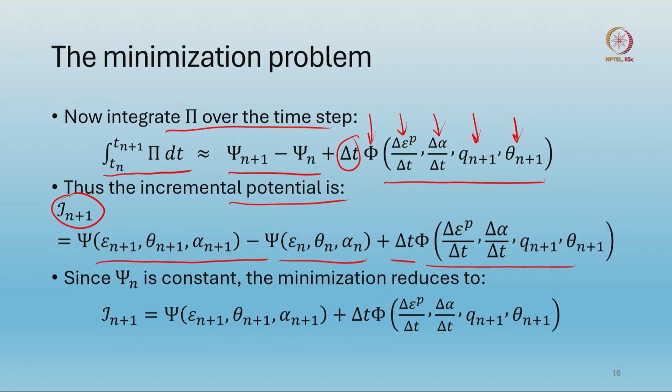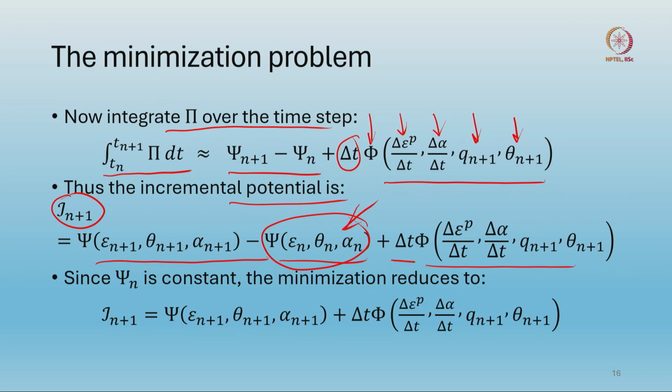Recall that we are solving for the plastic solution at Tn plus 1. That essentially means that we already know the solution at Tn, so this quantity is known to us. When we take the variation, when we do this stationarity, this quantity is of no use, it is out, because we are not taking variation with respect to things which are known.